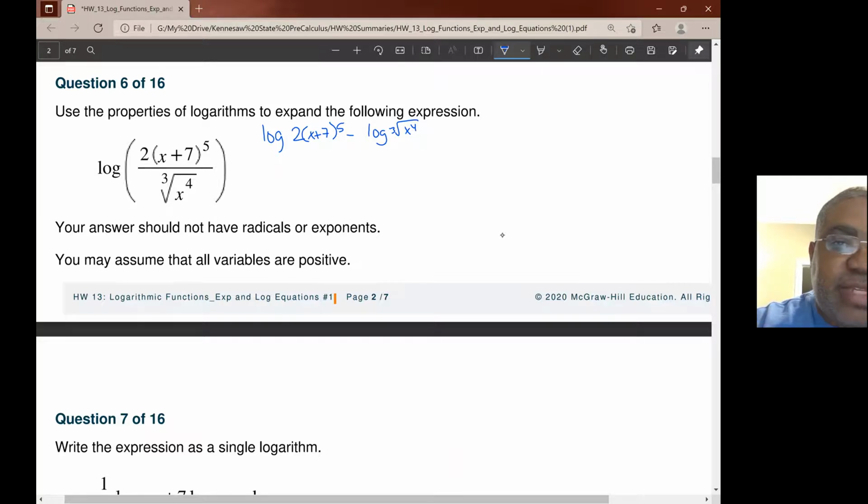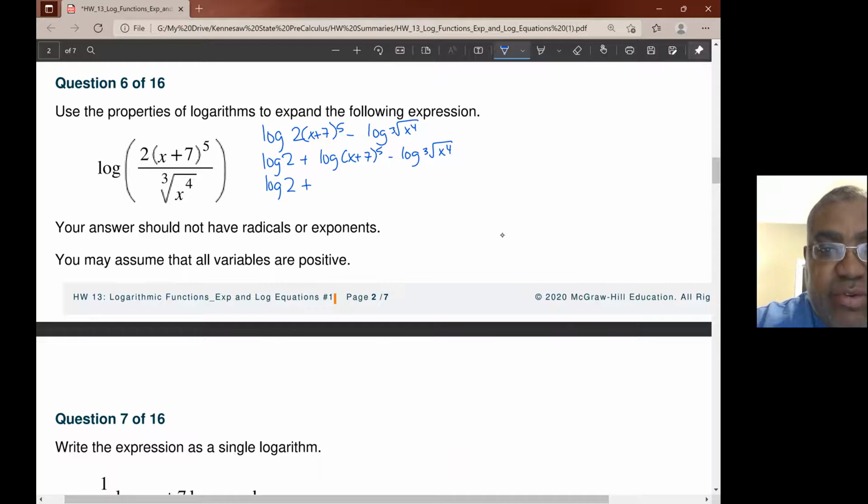This is 2 times x plus 7 to the 5th, so that splits up positively. So log of 2 plus log of x plus 7 to the 5th minus log of the cube root of x to the 4th. Okay, the log base 2 is going to stay. We're done with that one.